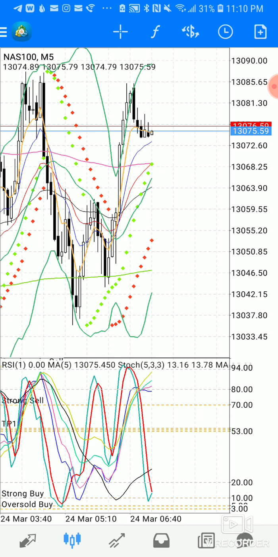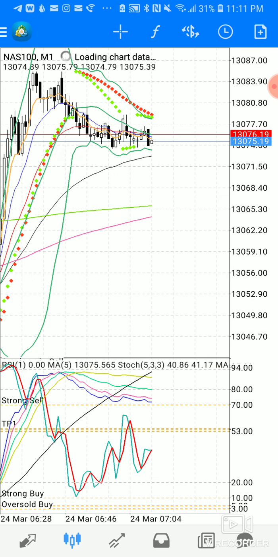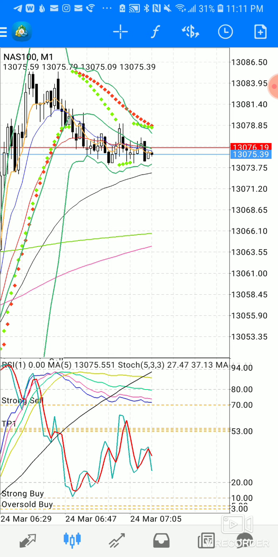I ain't paying attention to the stochastic on the 5 minute chart. I'm actually paying attention to the parabolic SAR and how it has crossed over the center green line. When it does that, that's a great sign that the price will end up touching it. But with this type of strategy, you do have to work between the 1, the 5, and the 15. Okay? Be back.